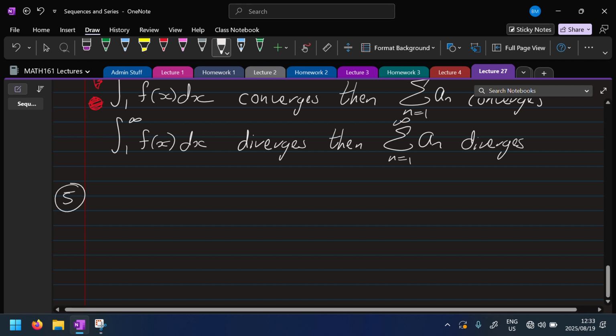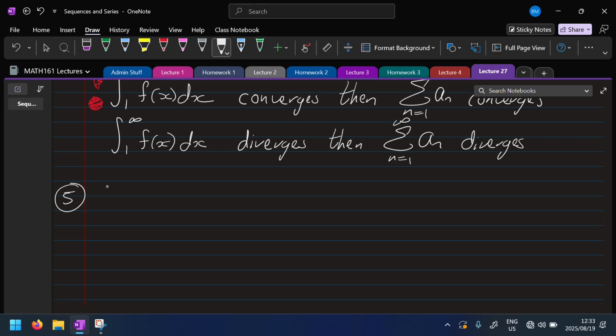Okay, number 5, and then we're halfway. The comparison test. Depending on where you look, it's either the comparison test or the direct comparison test, but those are exactly the same.